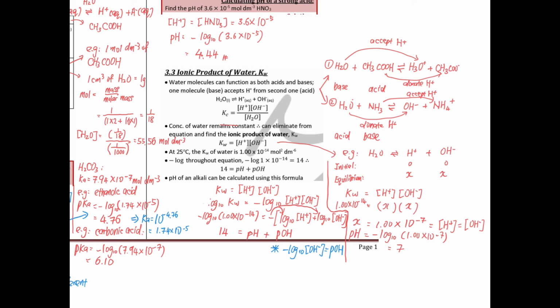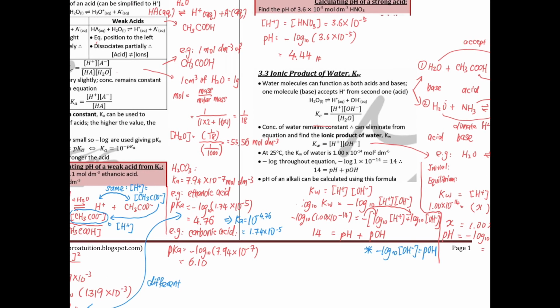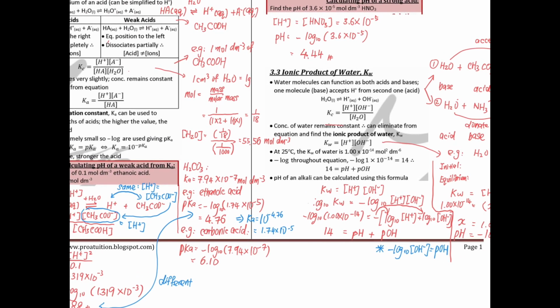Okay, so maybe one example, okay, for alkaline. So let's say, okay, I create one example, how to count the pH of an alkaline. So I need to find out the value first. Let's see whether I can get any value for, let's say, ammonia.